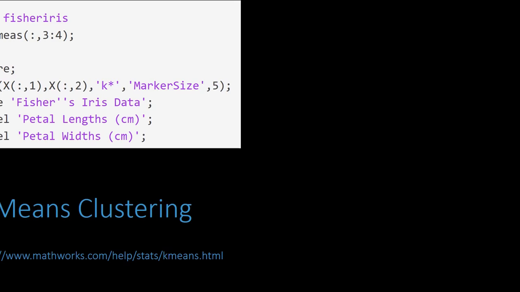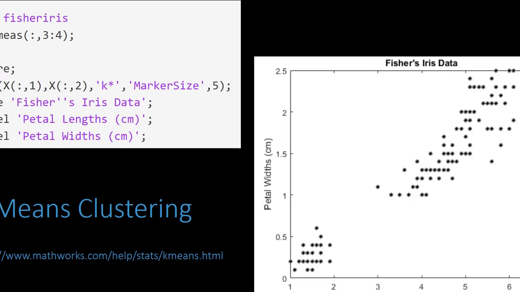The next MATLAB code is for K-means clustering. Here, we use the dataset Fisher's iris. When we plot the data, it looks something like this. Now let's get into the K-means portion of the MATLAB code.